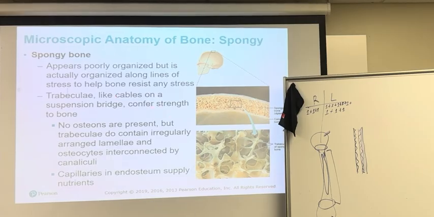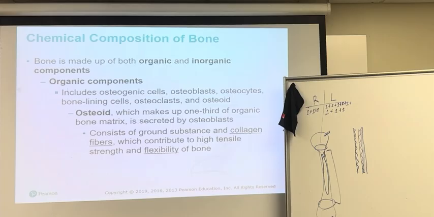Trabeculae, like cables on a suspension bridge, confer strength to bone. No osteons are present, but trabeculae do contain irregularly arranged lamella and osteocytes interconnected by the canaliculi. Capillaries in the endosteum supply the nutrients.